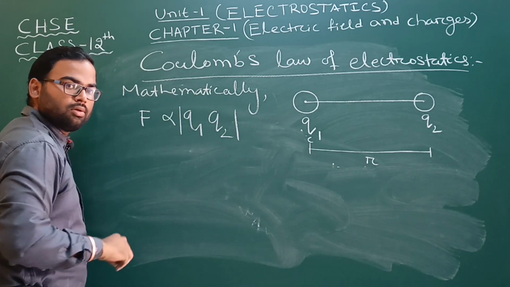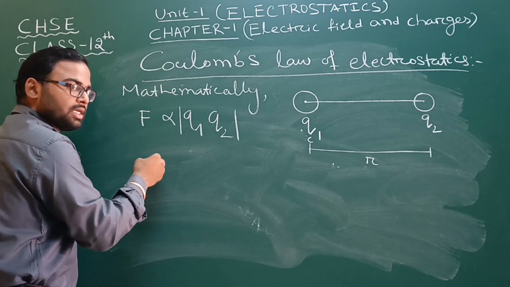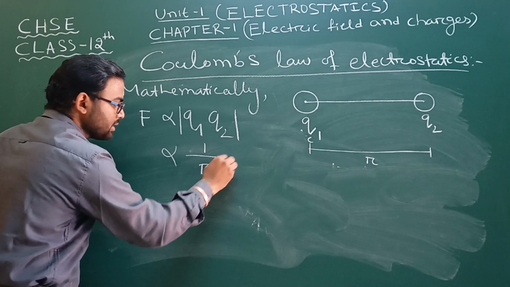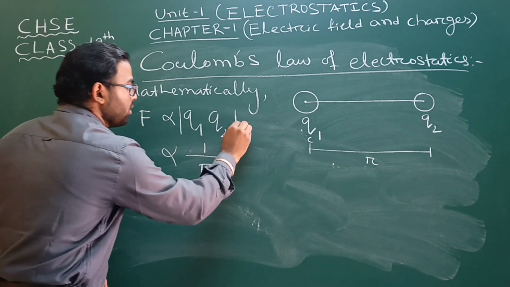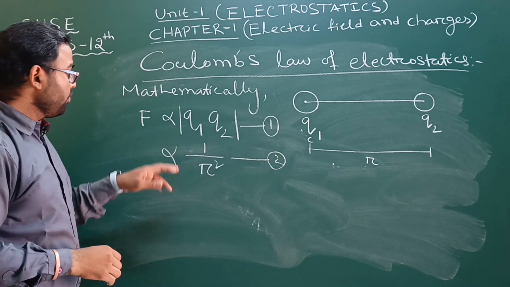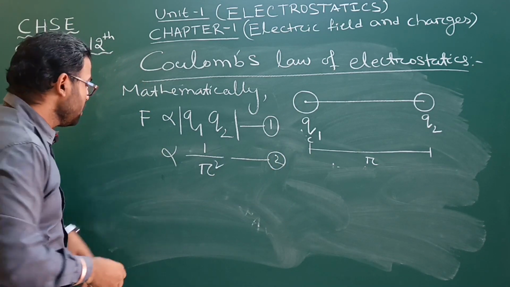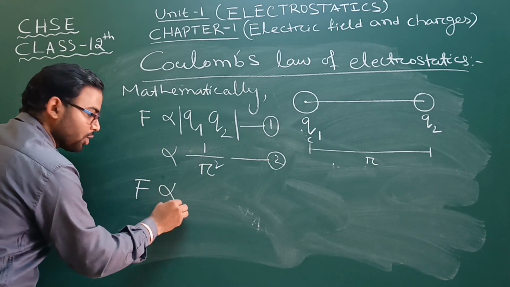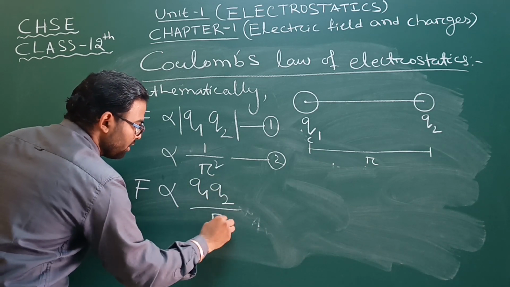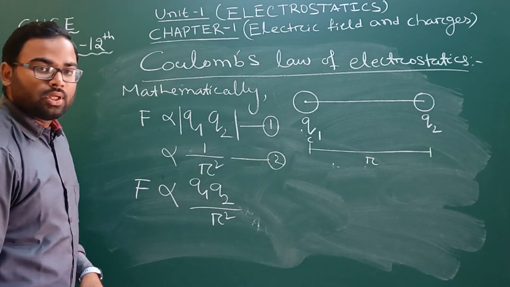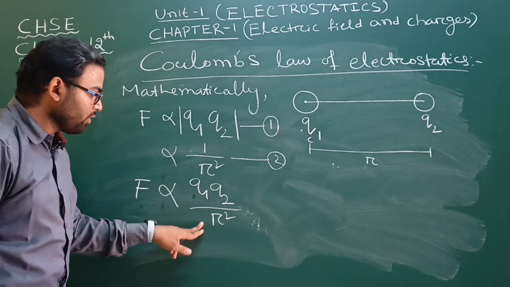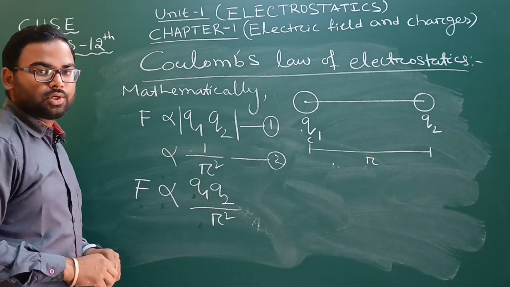The second statement is inversely proportional to the square of distance between them. Combining these two equations, we get F is proportional to q1 q2 by r square.